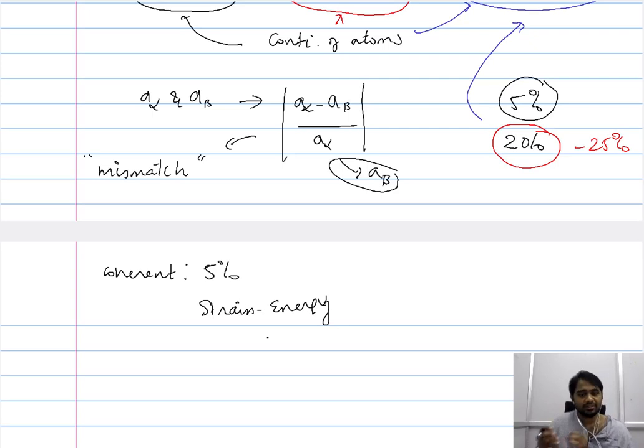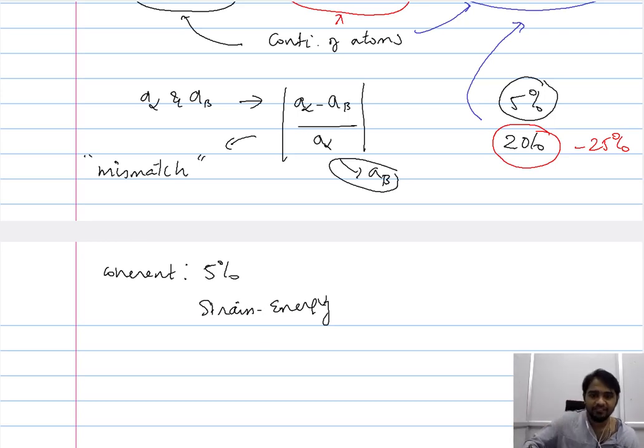So despite being coherent, there is a certain amount of strain energy associated with this interface. And now when the dislocation reaches this interface, there is an interaction between the strain energy associated with the dislocation and the strain energy introduced because of the mismatch.